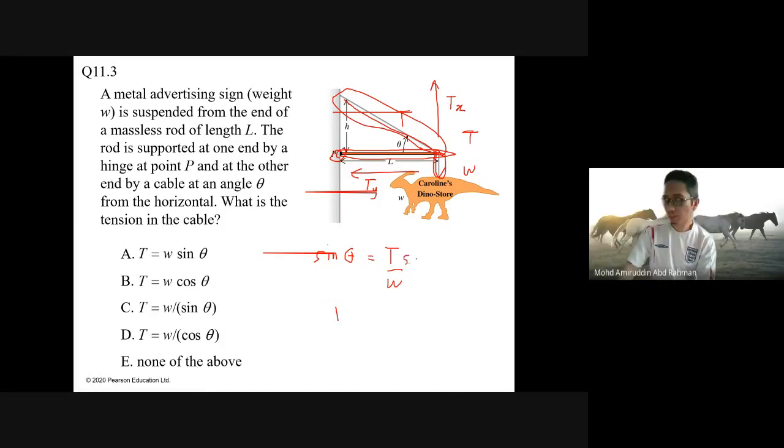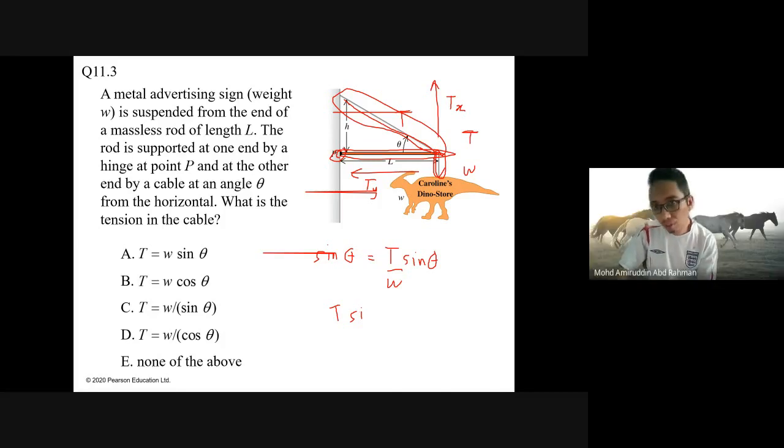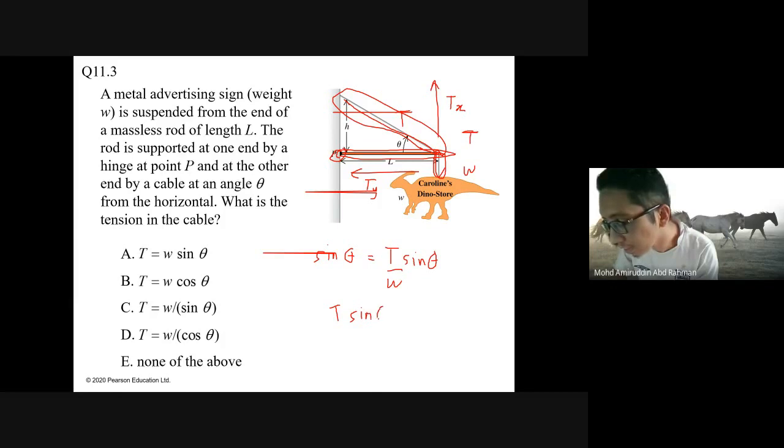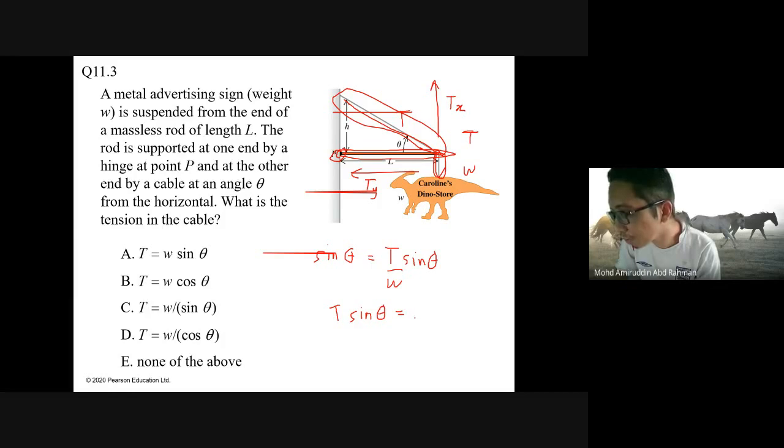Could you turn your volume up a little bit? Oh, sorry. Can you hear me now? Yes. I mean T sine theta equals W. Okay, T sine theta equals W.